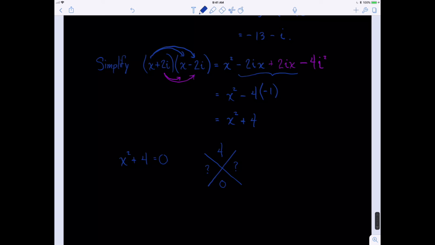And earlier, this was prime. This was prime, meaning it couldn't be factored and had no solution.